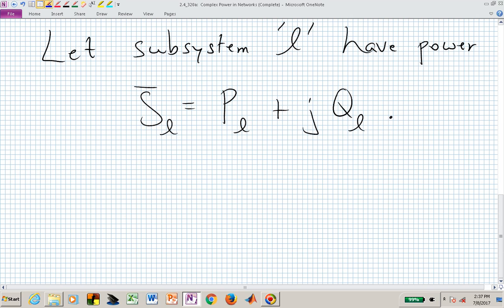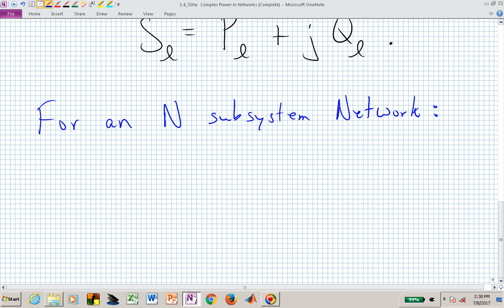If we now have a collection of interconnected loads, and let's say that we have capital N such subsystems, an N subsystem network, then, putting down on paper what I said verbally before, the total power of that network is just the algebraic sum from l equals 1 to N of the individual real powers, P sub l.